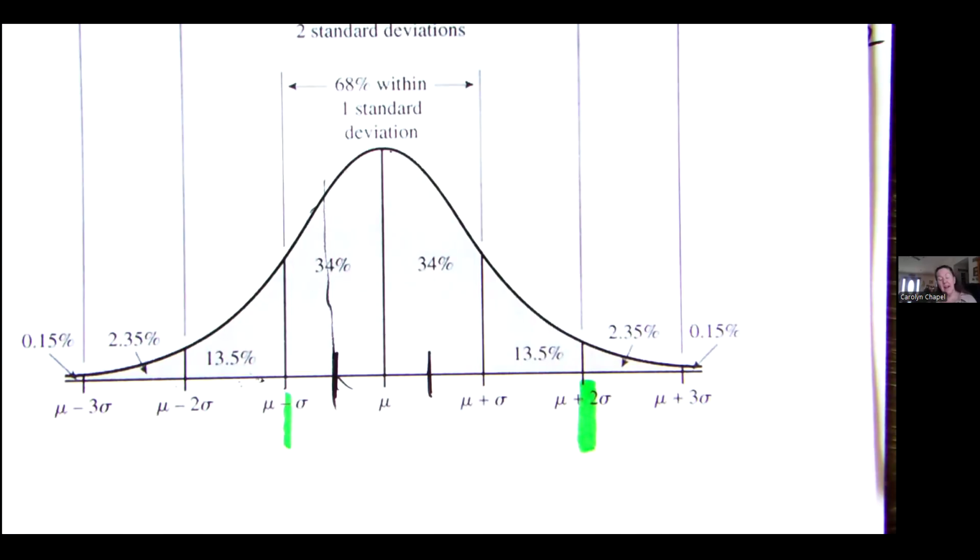Lucky for us, technology has all the answers for us. Before technology, it was done using calculus and put into a table format. And we did have to transfer every curve to the standard normal so we could use one curve. We didn't have to have a table for every situation.